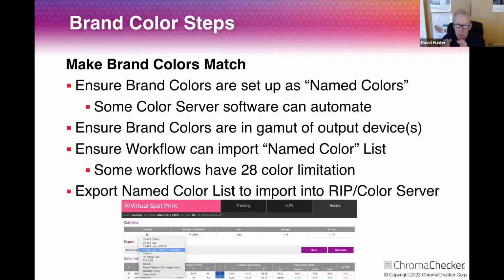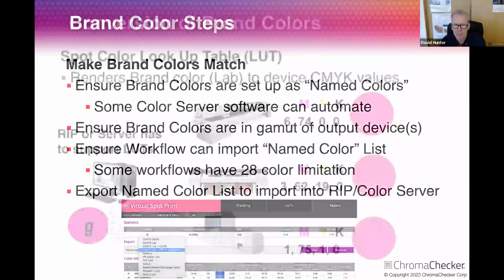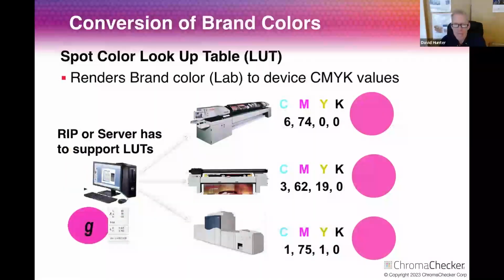So we actually went to a color server, and we were able to handle an unlimited number of named colors to do the automatic substitution and export the named color list into the RIP or the server that we could then match on press. So in this way, when the brand color is looked up, so that Nabisco red is looked up, it knows it's a different CMYK value on the ViewTech than it is on the Mamaki, than it is on the Xerox, but the end result is they all match one another.